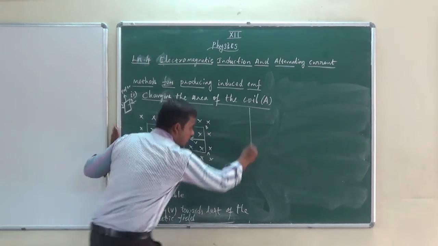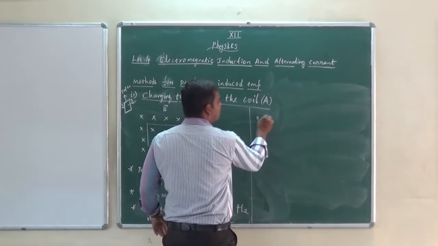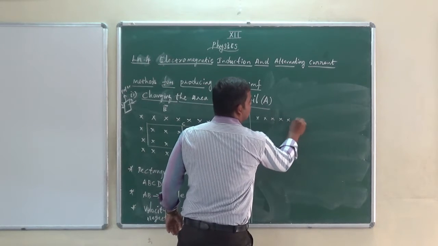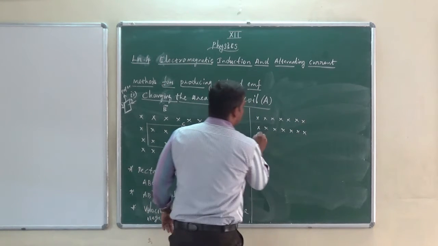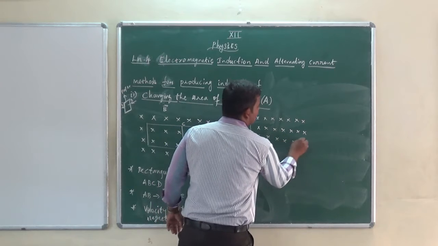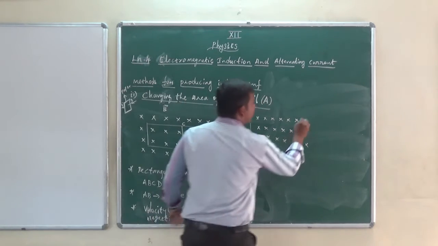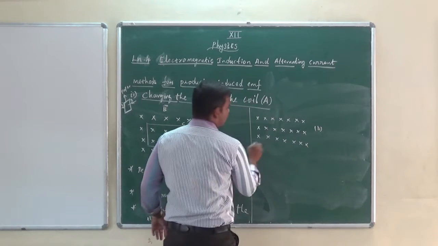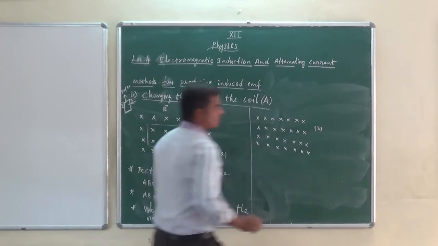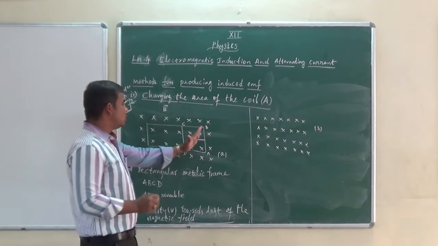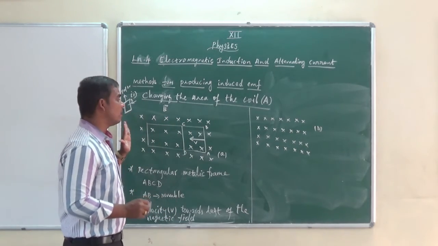I will show a new diagram of how it will be moved, so I will draw it once again, in the uniform magnetic field. This is diagram A, and this is diagram B. Now I move one side of the rectangular frame.